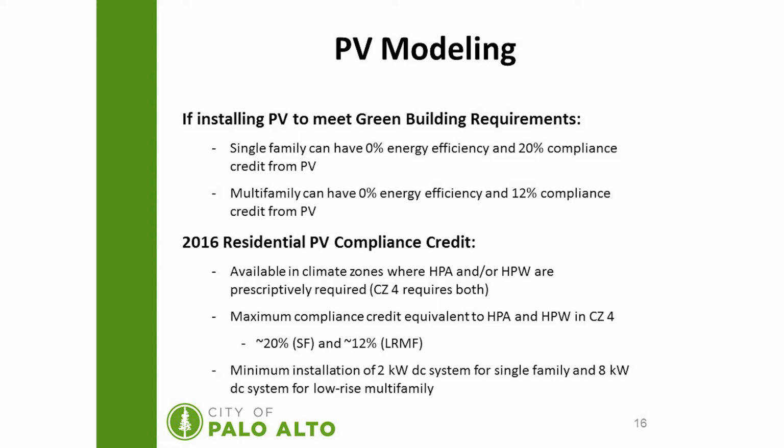In Climate Zone 4, where Palo Alto is located, both high-performance attics and high-performance walls are prescriptively required. The maximum compliance credit for this project is 20% in the single family and 12% for the low-rise multifamily. The minimum installation is for a 2 kilowatt direct current system, and for a low-rise multifamily, that is an 8 kilowatt direct current system.